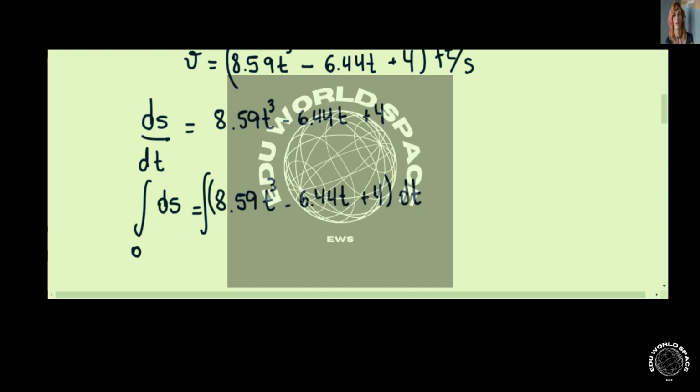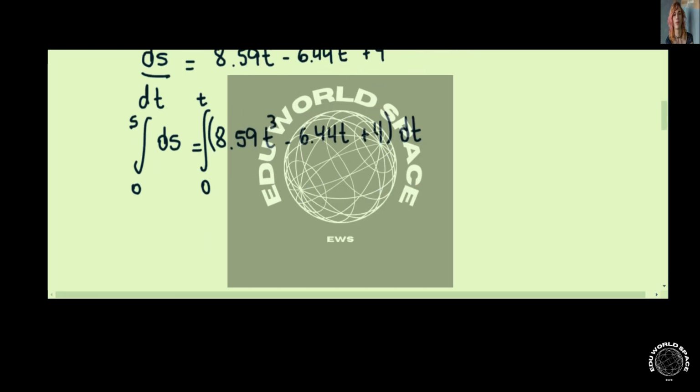On the left hand side, I'm going to integrate from 0 to s, on the right hand side from 0 to t, so we obtain that s is equal to 8.59 t to the fourth over 4 minus 6.44 t squared over 2 plus 4t.